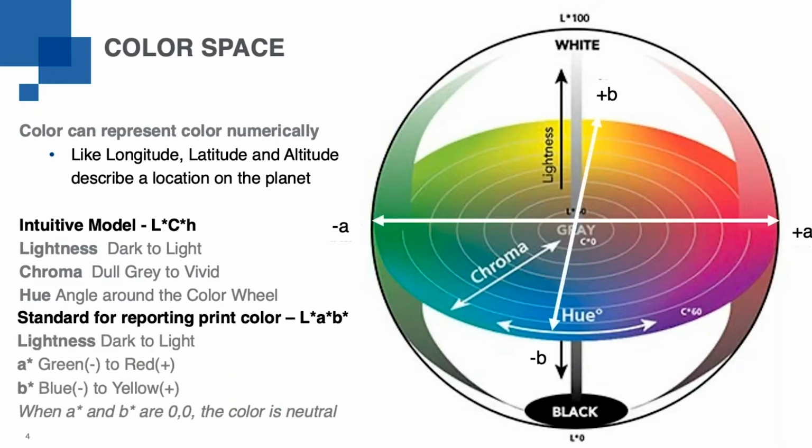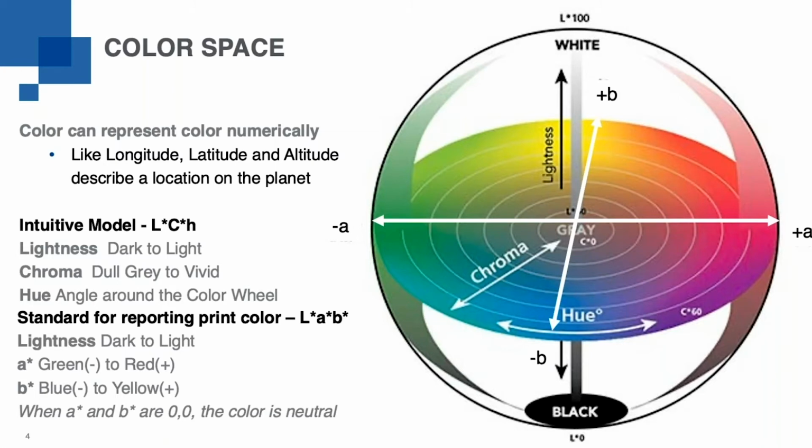Another way, still in the exact same color space but describing a different way to move within that color space, is something often referred to as Lab, or L star, a star, b star. The same L is there, light to dark, but now we have 2 different axes, the a axis and the b axis. If you're in the negative direction on the a axis, you're in greenish values.